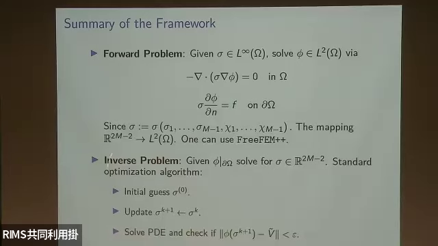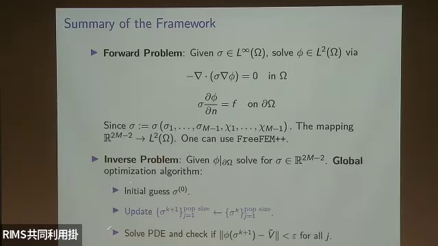The big problem here is that you have to solve the PDE multiple times. Because the problem is ill-posed and very flat, you cannot use a simple gradient descent method. So in this kind of work, global optimization techniques have been used to handle the ill-posedness. But with global optimization techniques, you don't have one initial guess, you have multiple initial guesses.